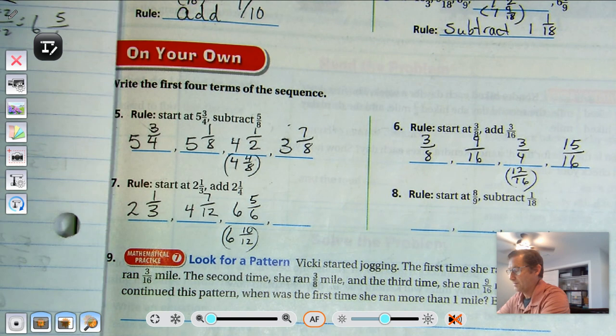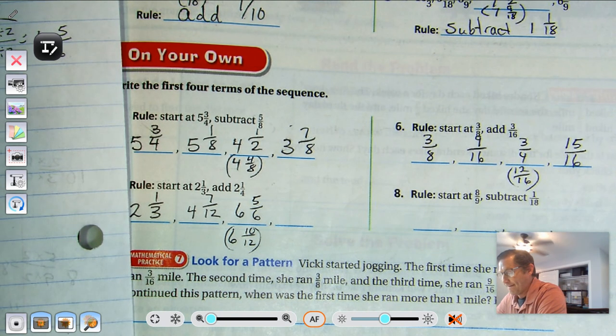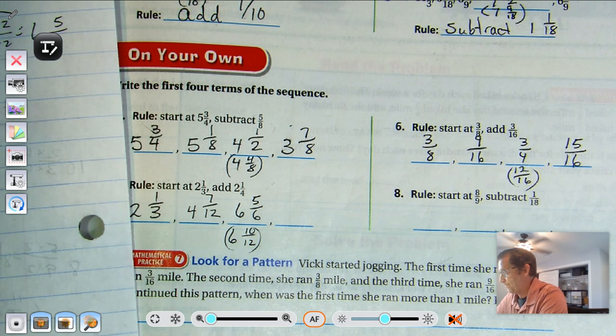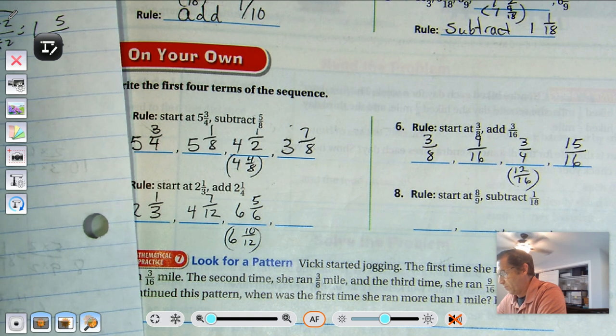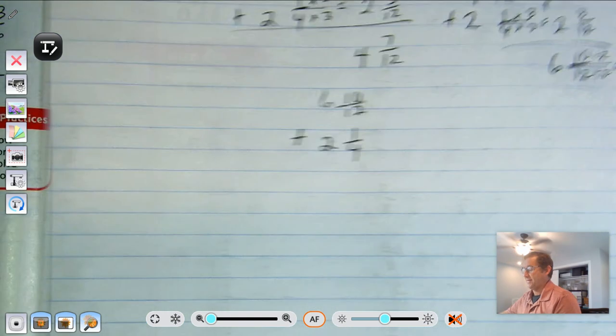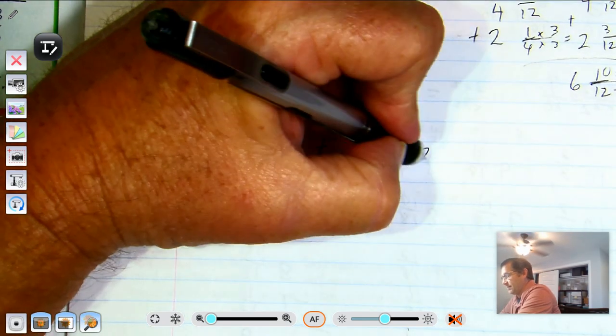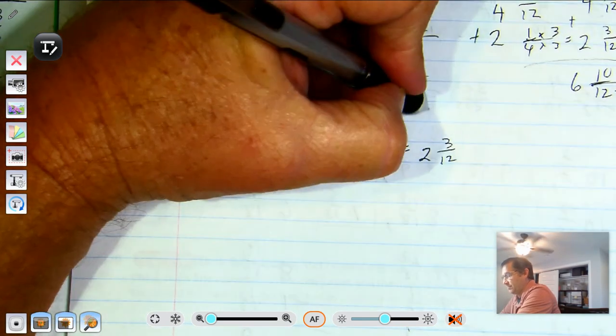And add 1/4, add 2 1/4 to 6 10/12. Again, multiply the 1/4 by 3, so 2 3/12.